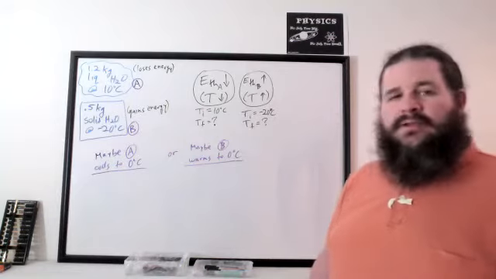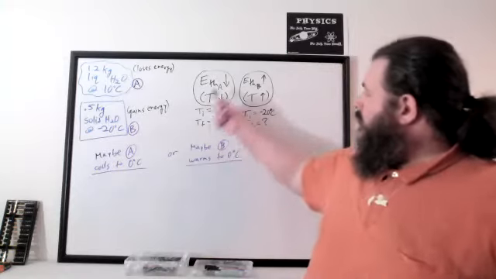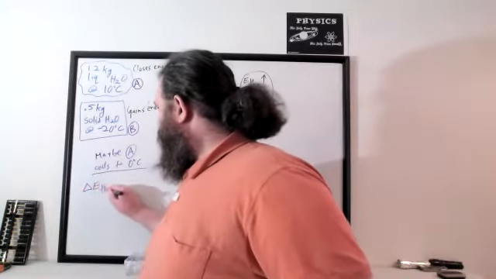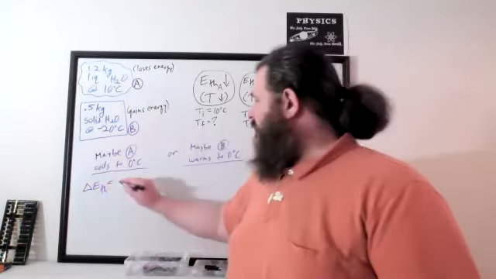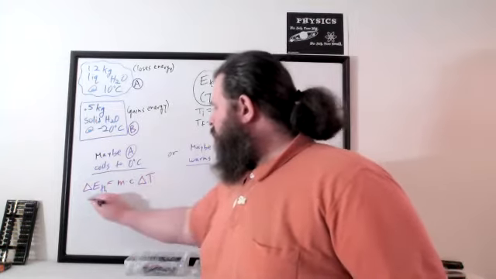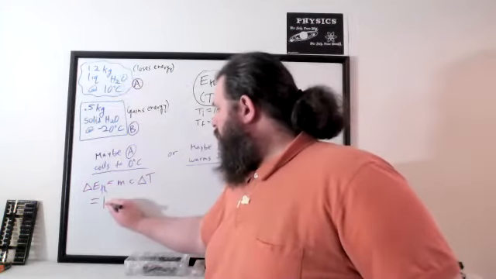And to do that, we can take a look at how much energy it takes. For instance, A cooling down to 0, that's a delta E thermal. And yeah, we could use that usual formula, mass times specific heat times change in temperature. We know the mass of A is 1.2.